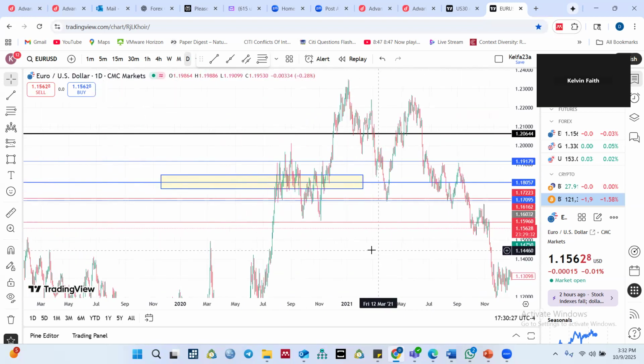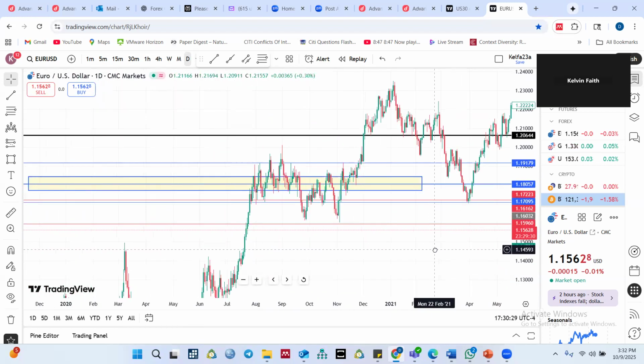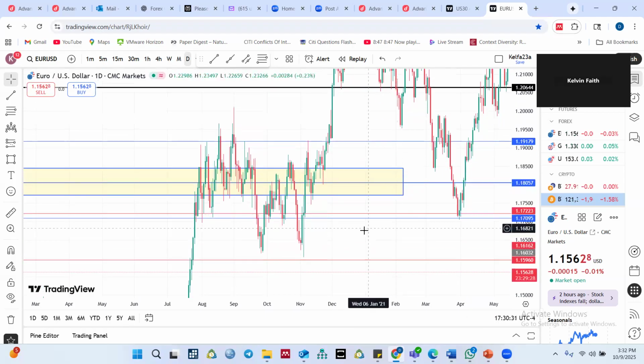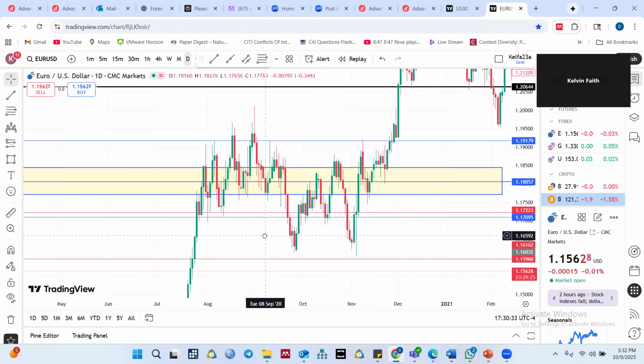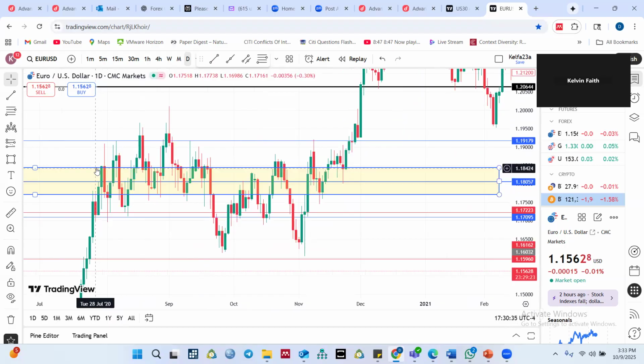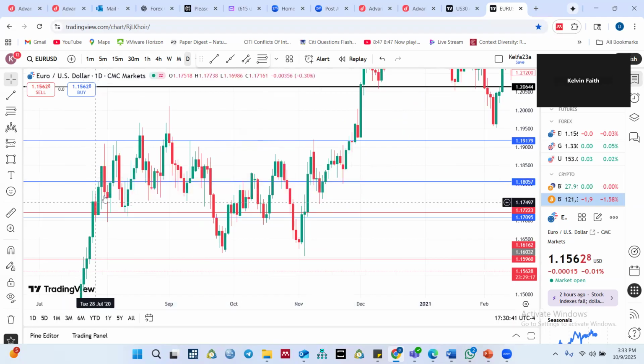So we come here. Now, when you get here, I've put a yellow line in between. Finally, we were able to get a body close above the blue line.